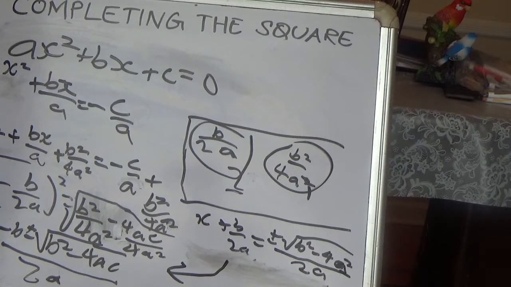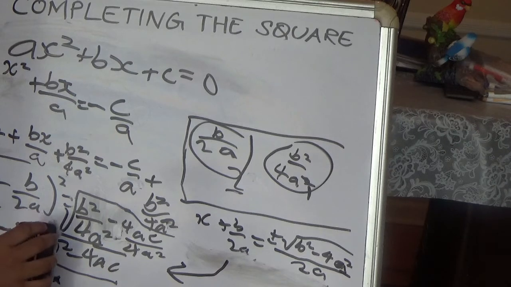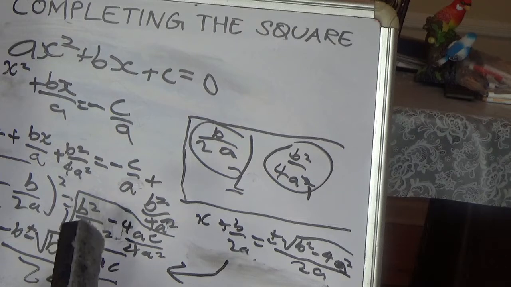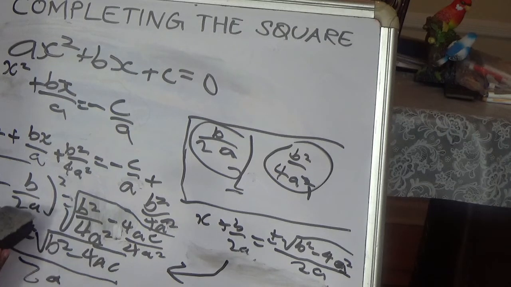Good. Now, I'll explain this weird step, which you're probably wondering, why are you doing this? How does x plus b over 2a whole squared equal x squared plus bx over a plus b squared over 4a squared?